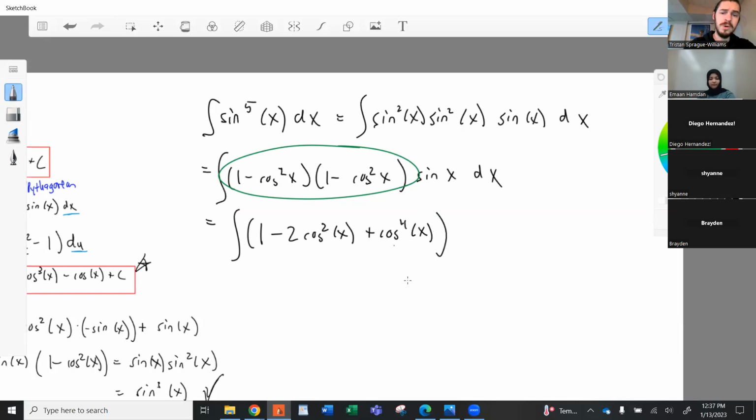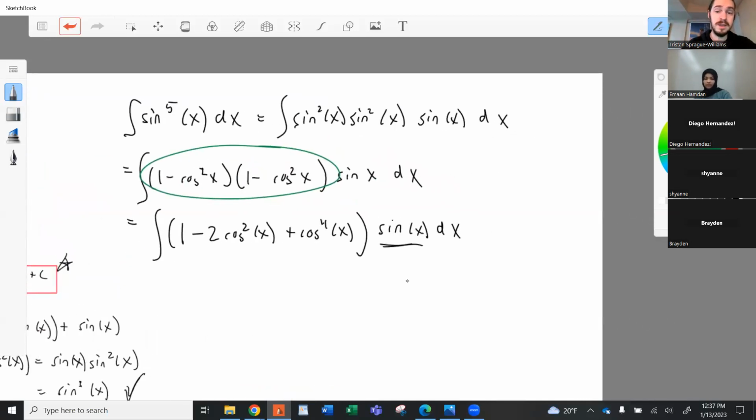And don't worry, you don't need to do any messy power reducing on this, because we have this sine x over on the side. And that sine x makes this significantly easier, because it gives us access to the u substitution, u equals cosine x with du equals negative sine x dx, right?